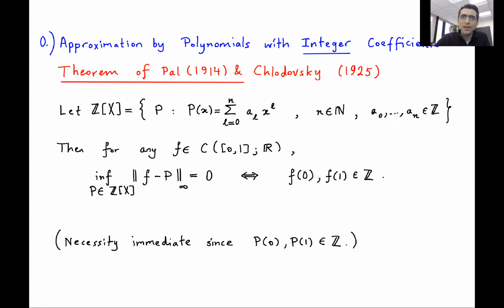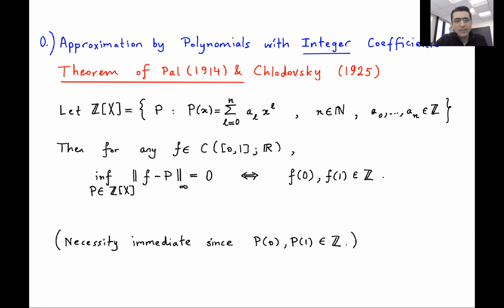Okay, so first I need to start with a very old theorem. It's approximation by polynomials with integer coefficients. So this is a century-old result. There were two results, I believe independent, by Pál and Kakeya... by Pál and Kloodowski in 1914 and 1925 respectively.